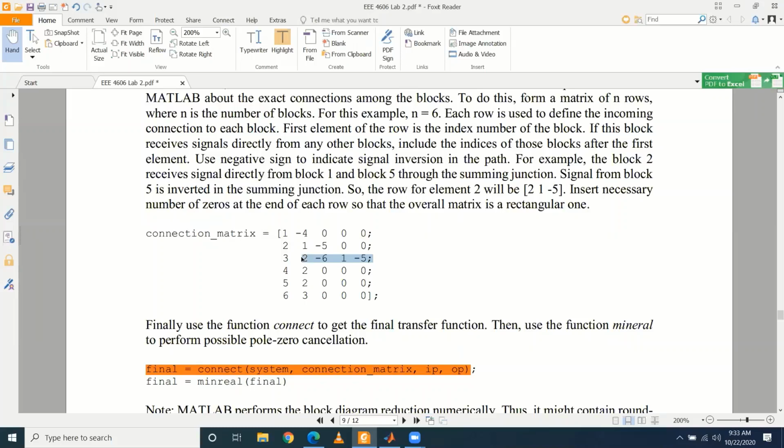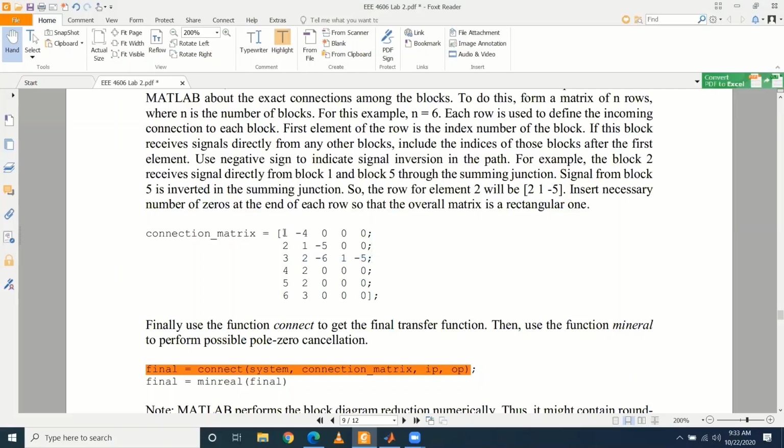Write 6 connections. Add placeholder zeros so that it's rectangular. No, I said the order doesn't matter. You can write these connections in any order. It can be 1, -5, 2, -6, or 1, -6, 2, -5. Same thing.